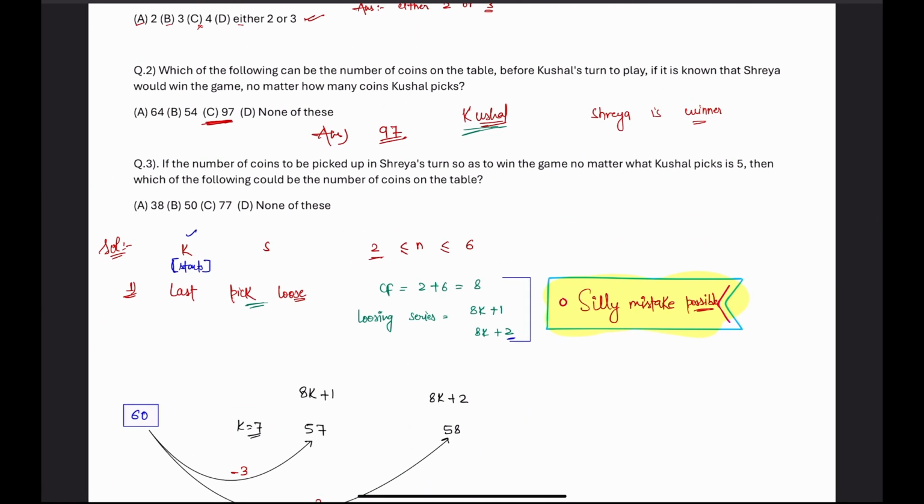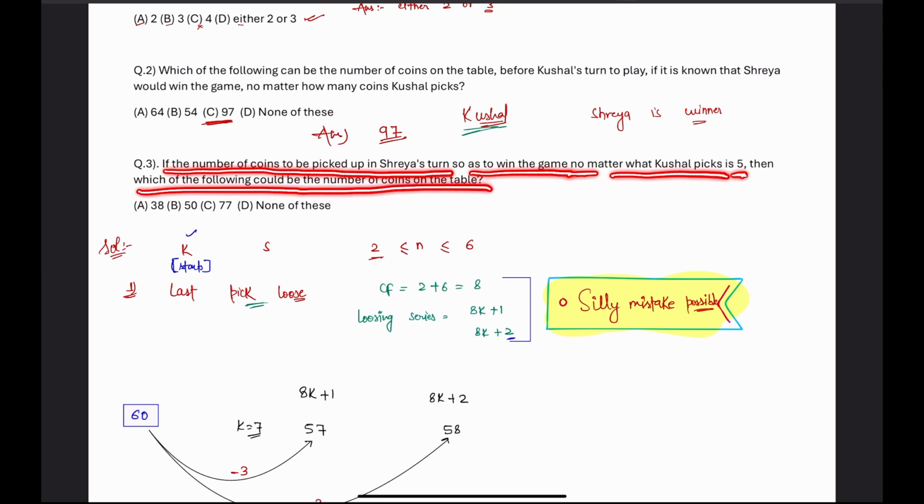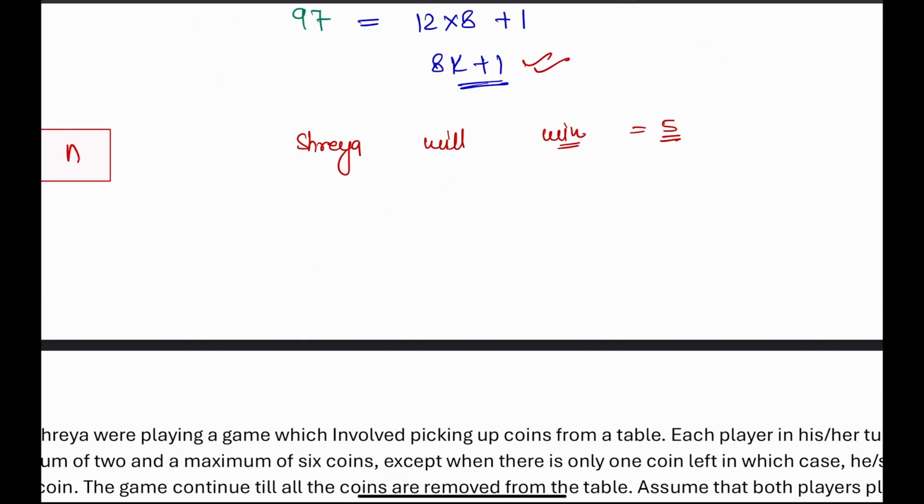Let's try to understand again. If the number of coins picked up in Shreya's turn so as to win the game no matter what Kushal picks is 5, then which of the following could be the number of coins on the table? Let's take all the values. Suppose there are 38 coins, or the other options 50, and the last one 77. Shreya picks up 5 coins, how many will be left?